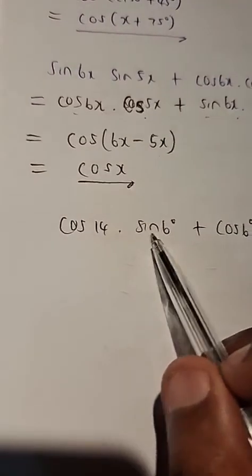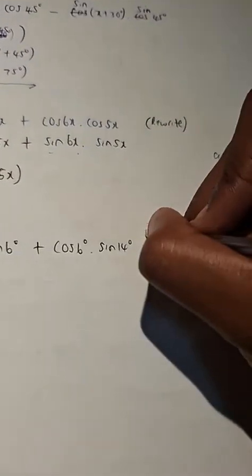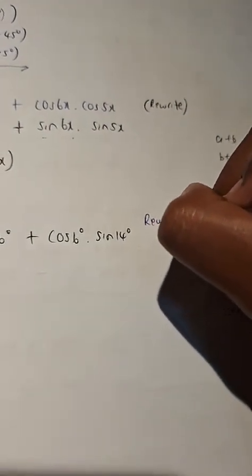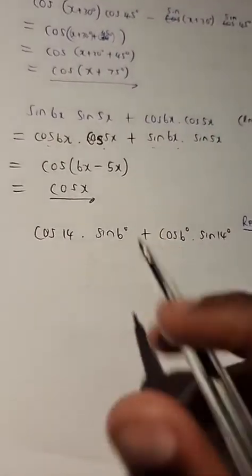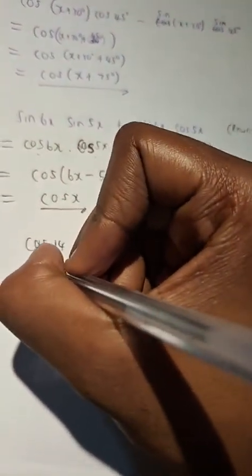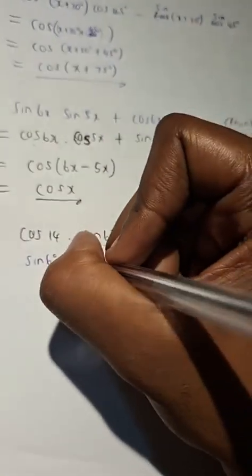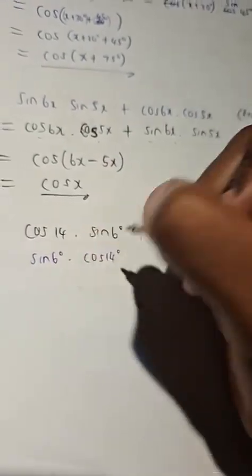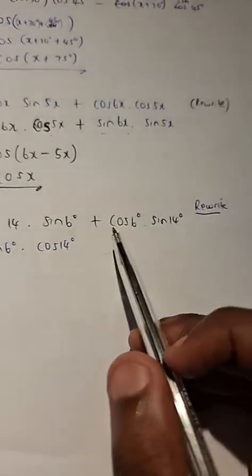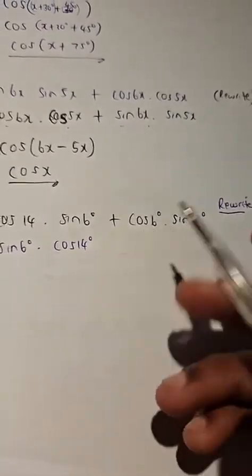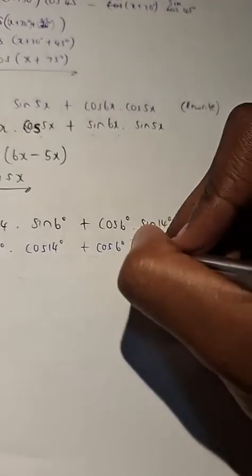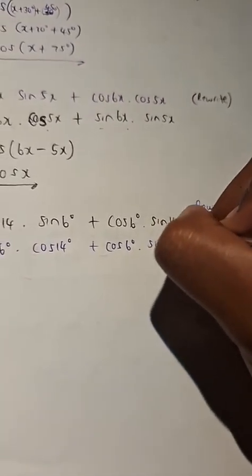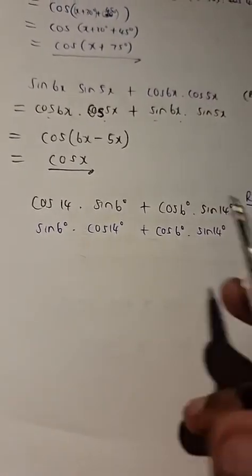So I'm going to rewrite this so that it mirrors the template of the sine. I know sine 6 would start, followed by cos 14. And then plus cos 6 followed by sine 14. So this is fine, it mirrors that template that I told you about.